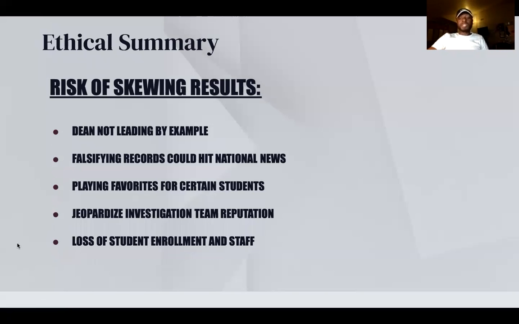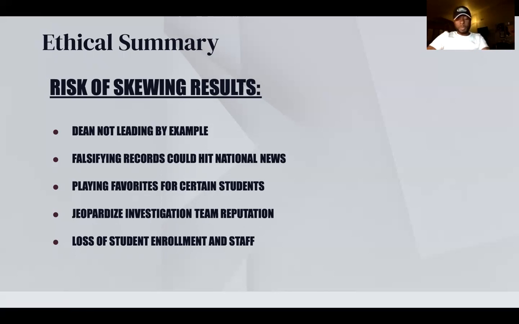As the investigation team, thank you for allowing us to evaluate your school's performance for students taking exams. We cannot provide false documentation of the data that we have collected, for ethical reasons. Altering the results of our investigation could lead to many outcomes. As the dean, you should be the leader in making an example of what students should do.